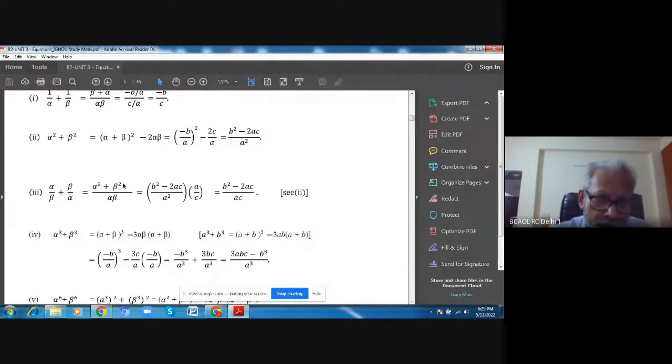You cannot put it directly here, because in this case it is already given here. That's why they have put it here. But you have to calculate first alpha square plus beta square, and then this result will come. Then you can put it here. Alpha and beta multiplication is c by a, and it is the denominator.